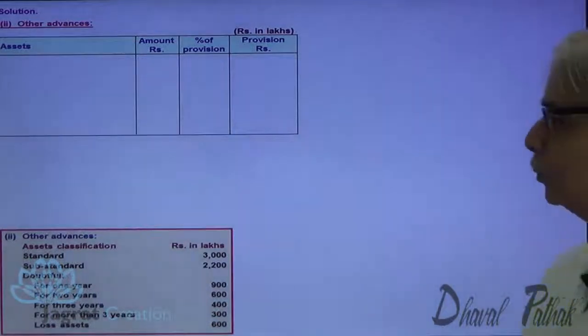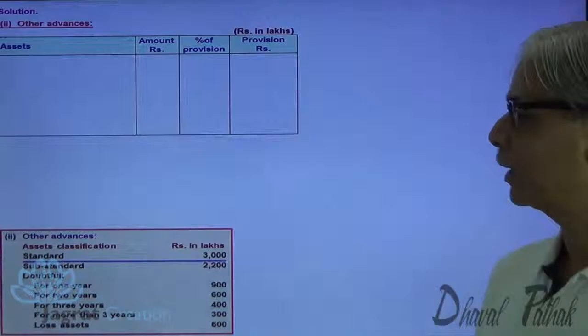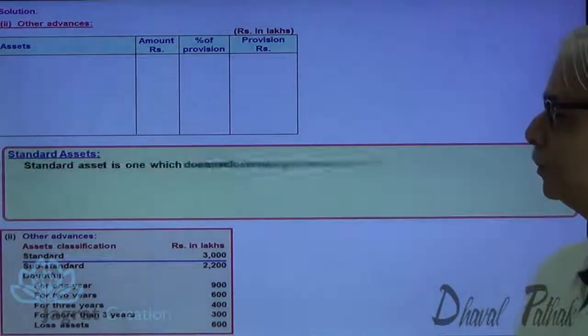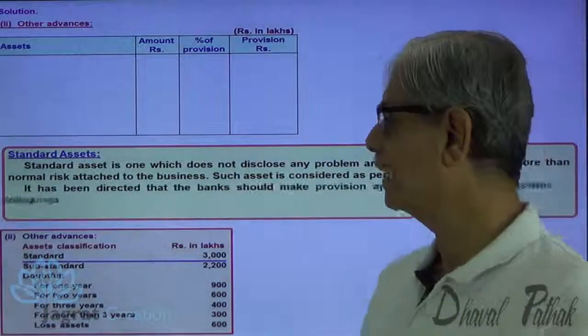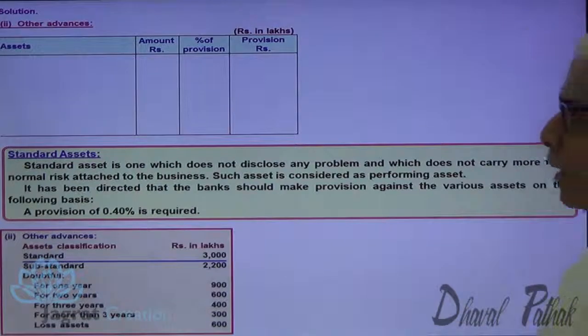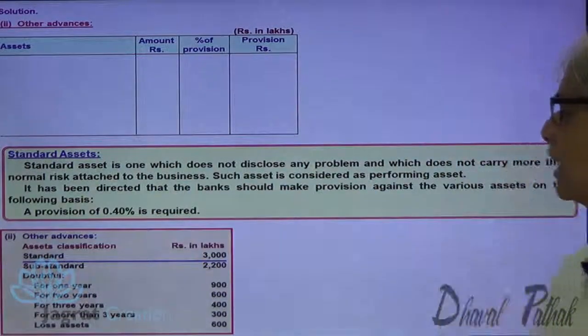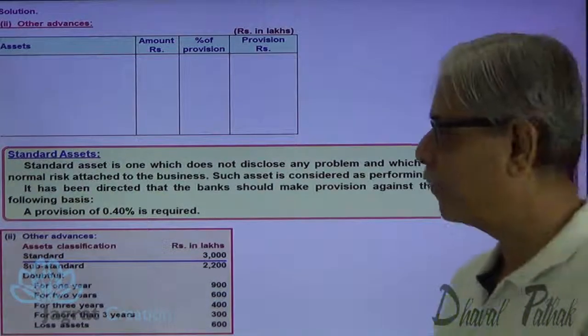Now, standard assets 3 lakhs. What is standard asset? Standard assets are one which does not disclose any problem and which does not carry more than normal risk attached to the business. Such asset is considered to be a performing asset.